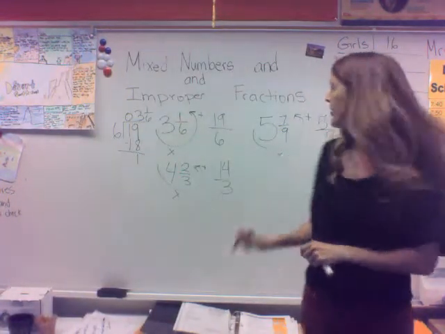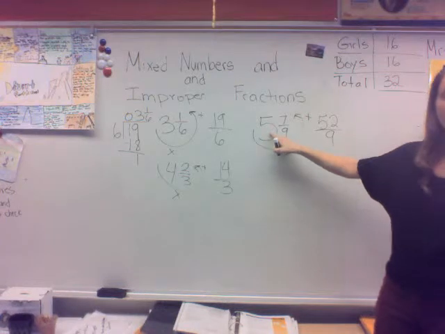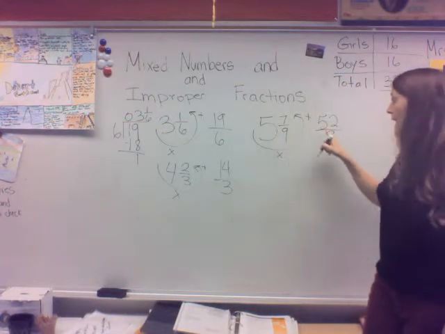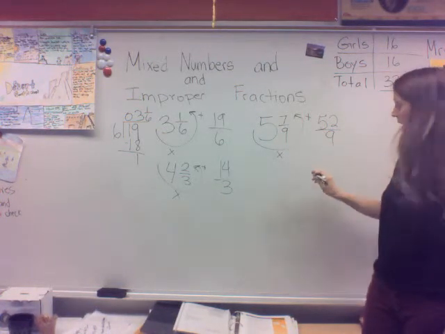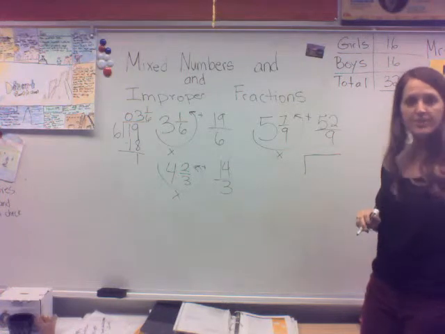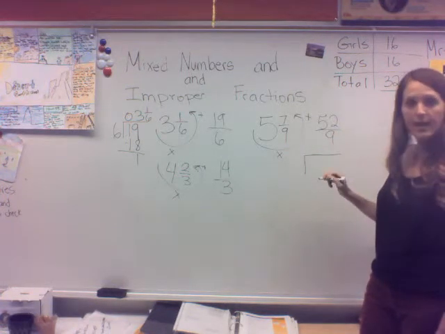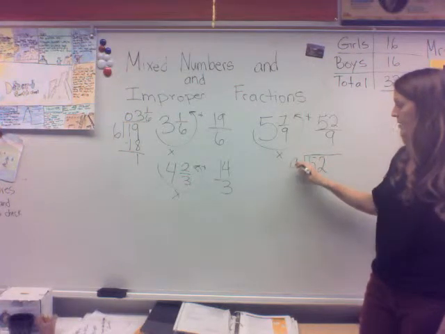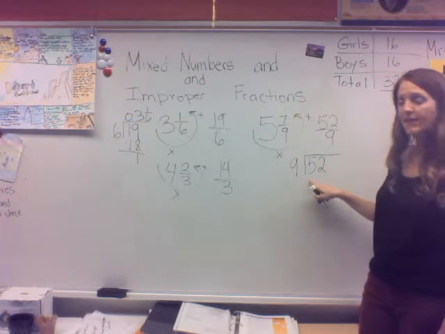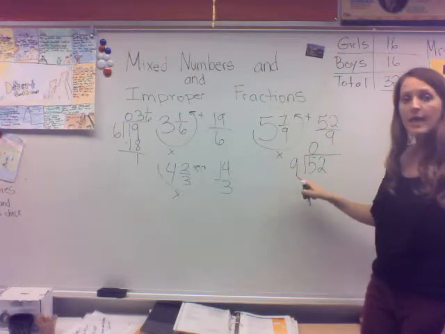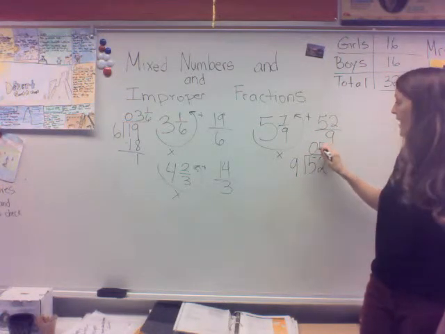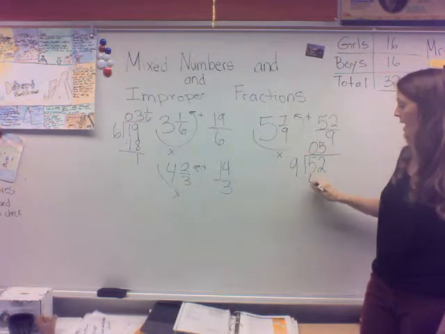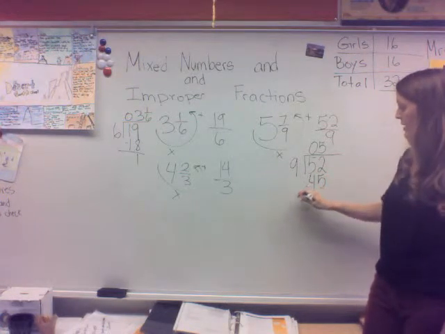Let's move over here and look at this one. I'm looking for my answer to be 5 and 7/9, and I've got 52 out of 9. Set up my division. Who goes inside? The 52 goes inside. The 9 goes outside. 9 goes into 5 0 times. 9 goes into 52 5 times. 5 times 9 is 45.